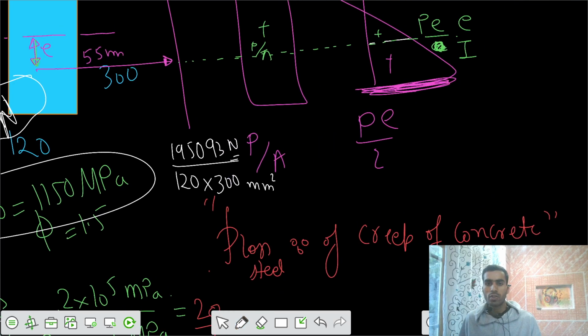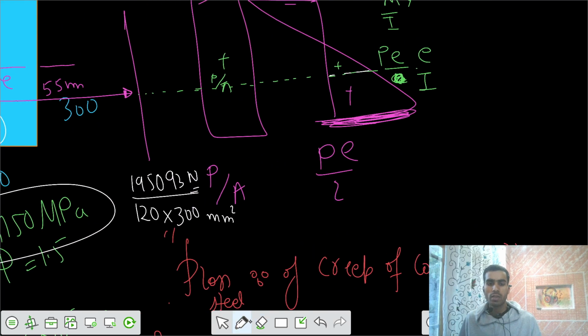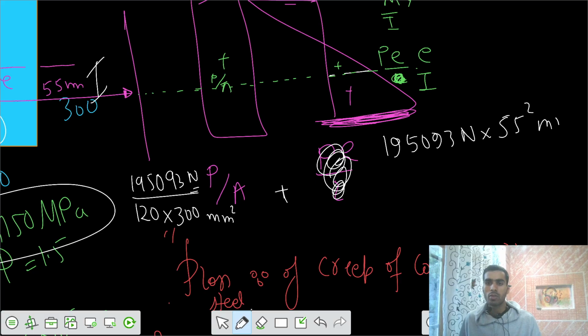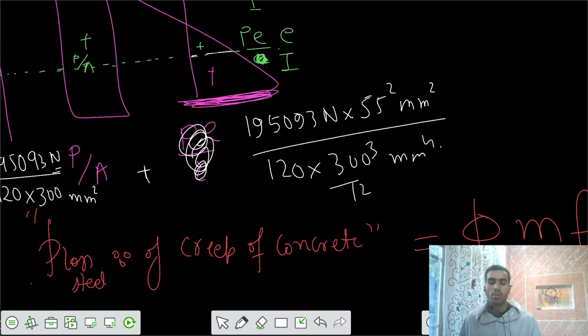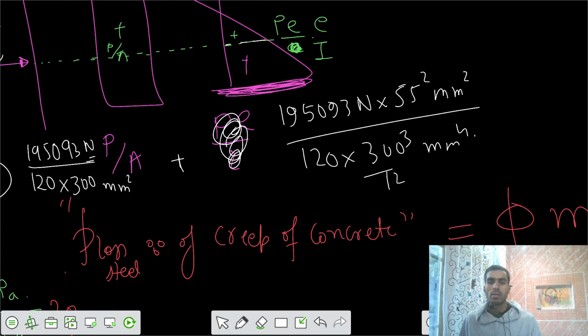After that, one more stress is there, that's plus PE by Z, that is 195093 newtons into e square. What is the eccentricity we have? Eccentricity 55 millimeters, 55 millimeter square, divided by the moment of inertia about the neutral axis, bd cubed by 12 millimeter power 4. So your stress at the level of the steel wires is the sum of these two.